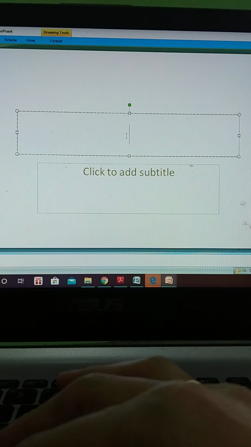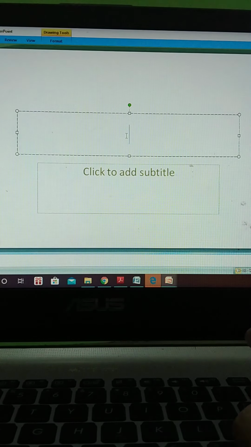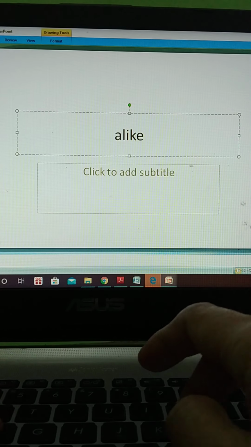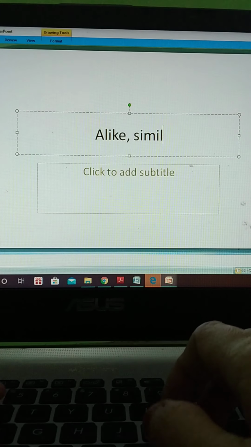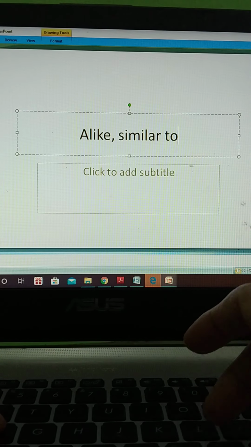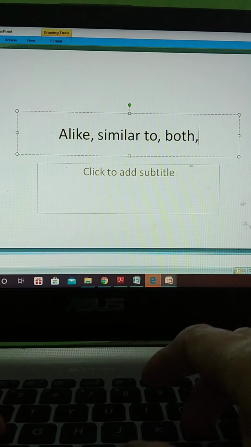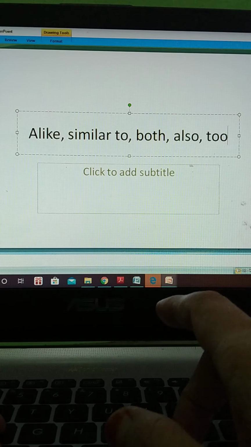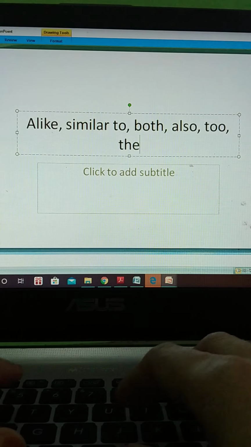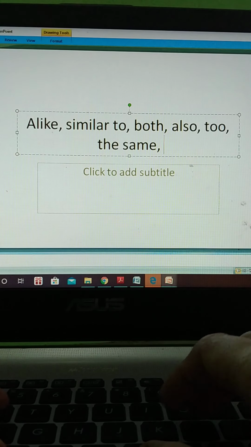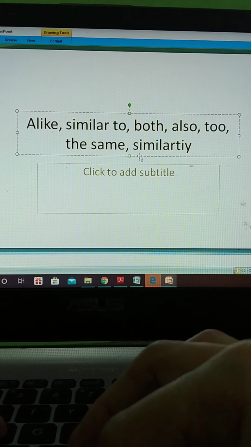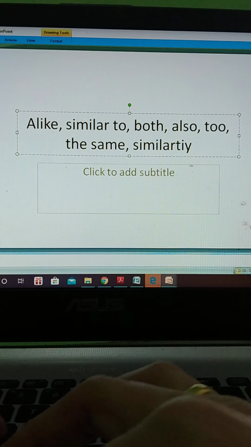As you can see there are some words that you can use for comparing. For example, you have alike, similar to, both, also, and too, the same, and similarity.